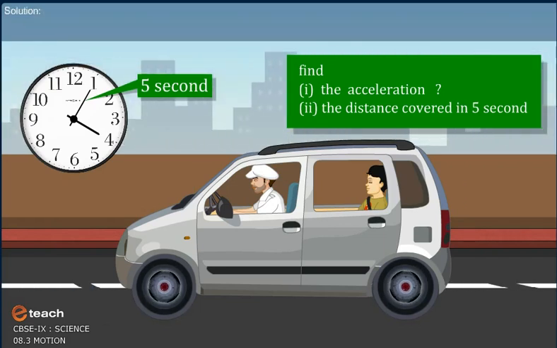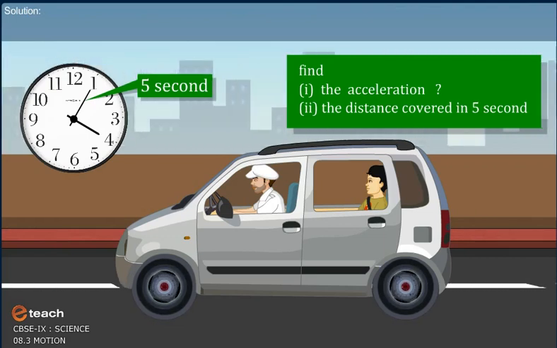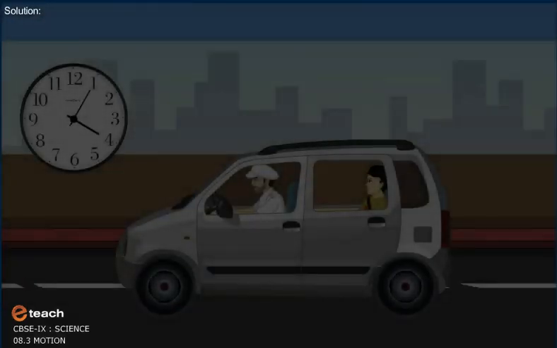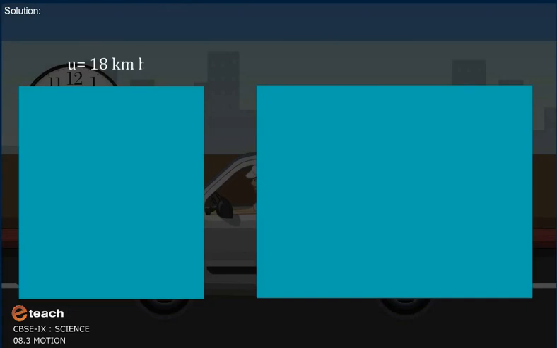Solution: we are given that u = 18 km per hour, that is equal to 5 meter per second, v = 36 km per hour, that is equal to 10 meter per second, and t = 5 seconds.